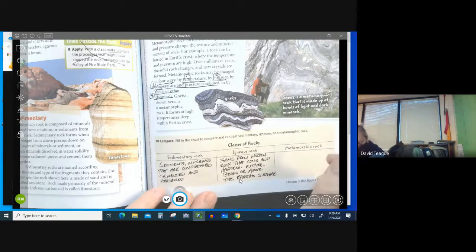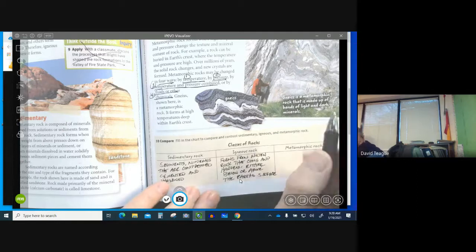Okay. Metamorphic rock forms when existing rock is altered by high pressure, high temperature, or chemical processes.